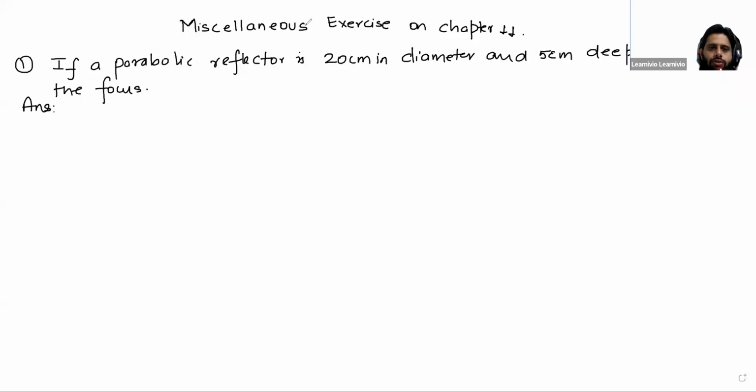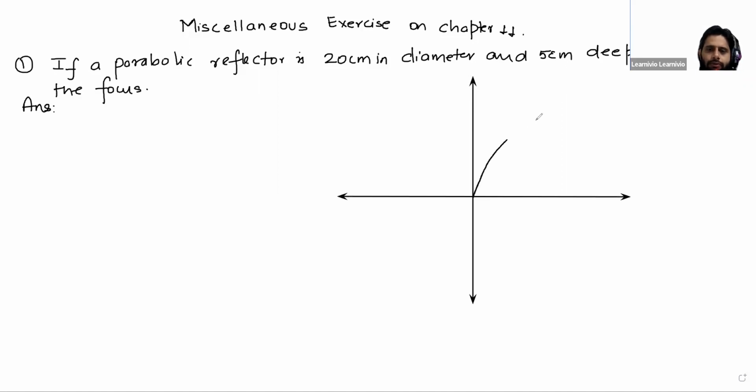So in this question, there is a parabolic reflector. Okay, there is a reflector whose shape is like a parabola. So first of all, we will draw this parabola. This is the parabola. Now they're saying the parabolic reflector is 20 centimeter in diameter and 5 centimeter deep.